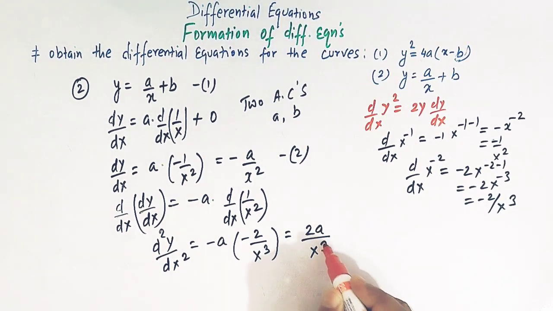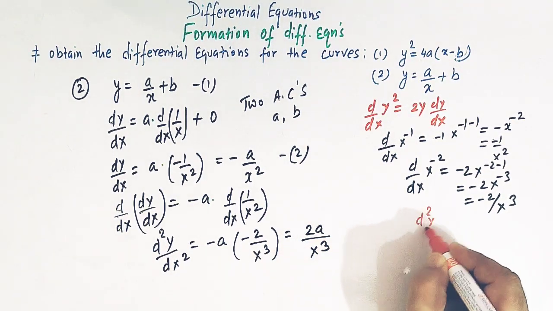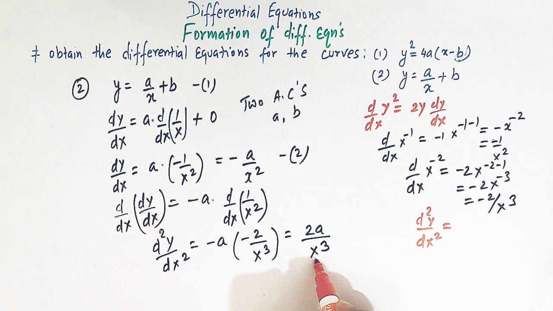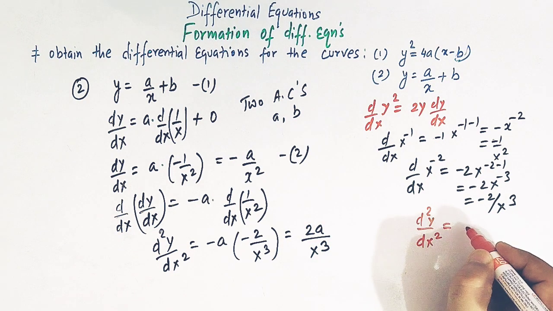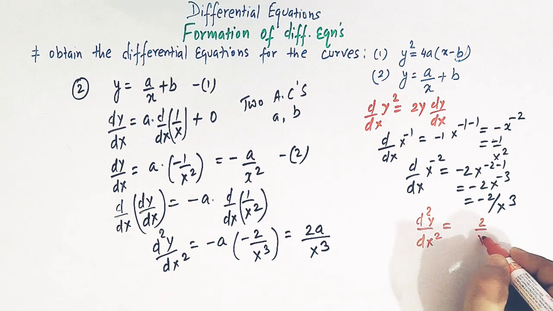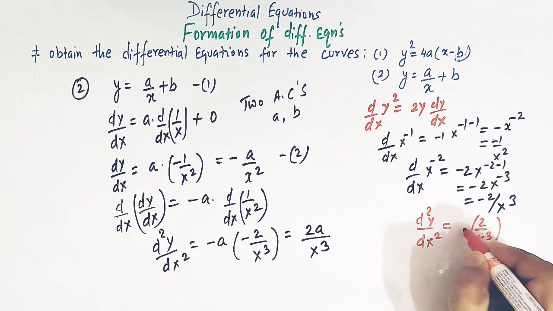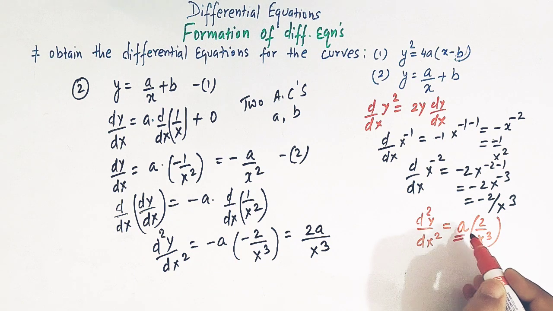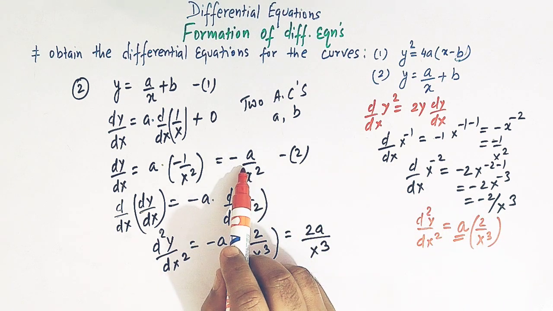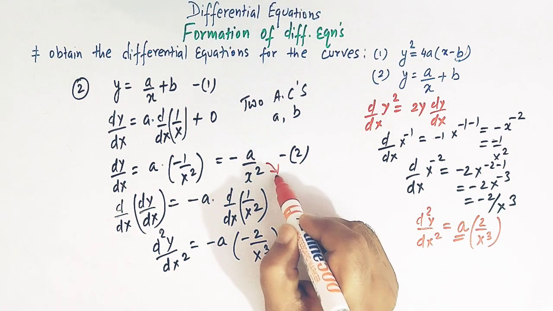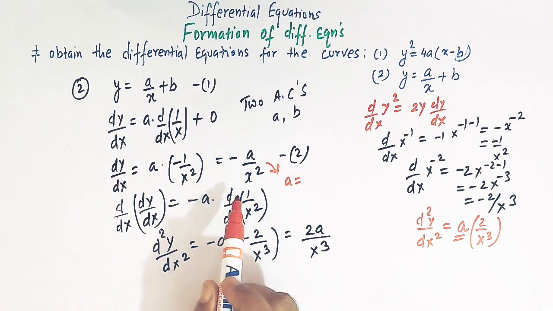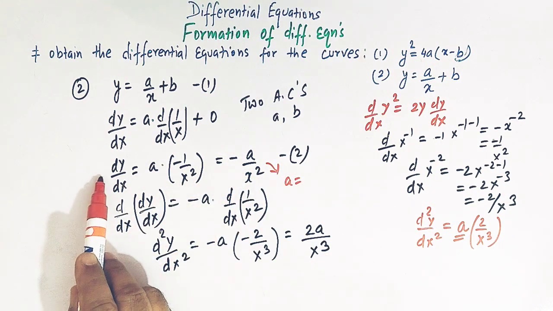So now we see that we have obtained d2y over dx2 is equal to 2a over x cube, right? So from this expression we can write it like this, 2 over x cube, and here we have a. And this a can be eliminated using equation number 2, because from equation 2 we can write a by taking x square to this side.